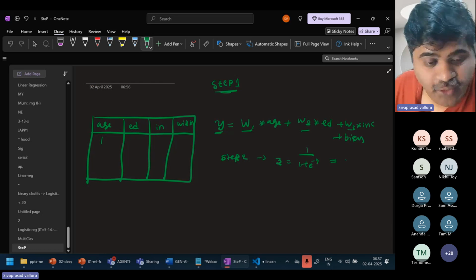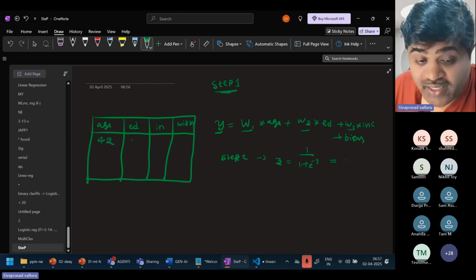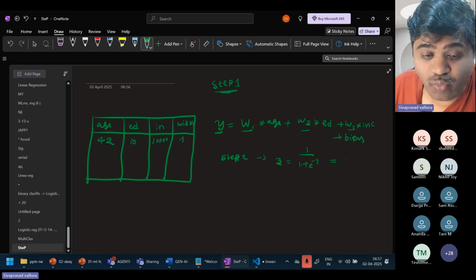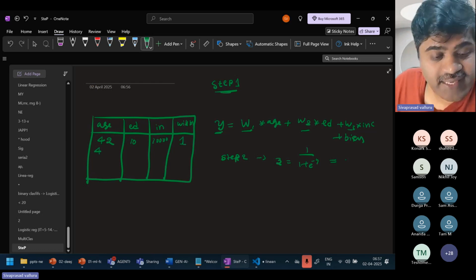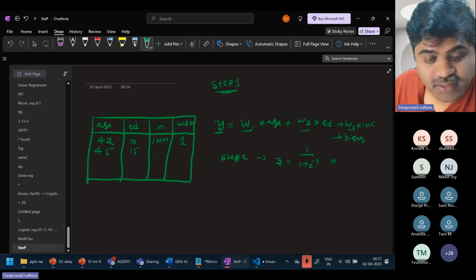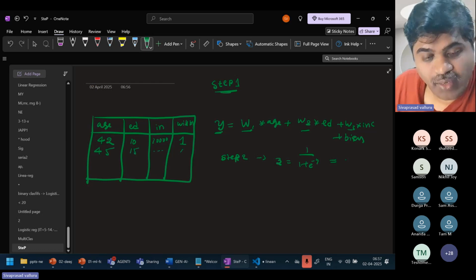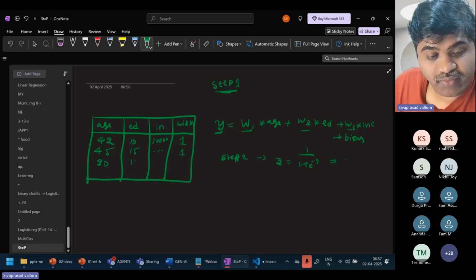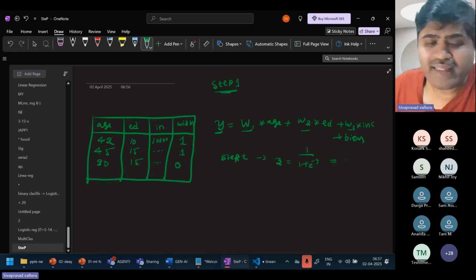Let's say age is 42, education is 10 years, and some income, and whether he bought an insurance or not: 1. Age is 45, education is 15 years, and some income: 1. And age is 20, education is 15, and some income: no. So like that, I have some data.